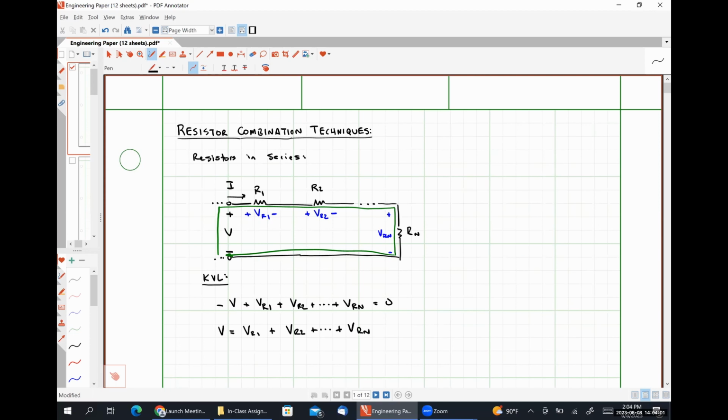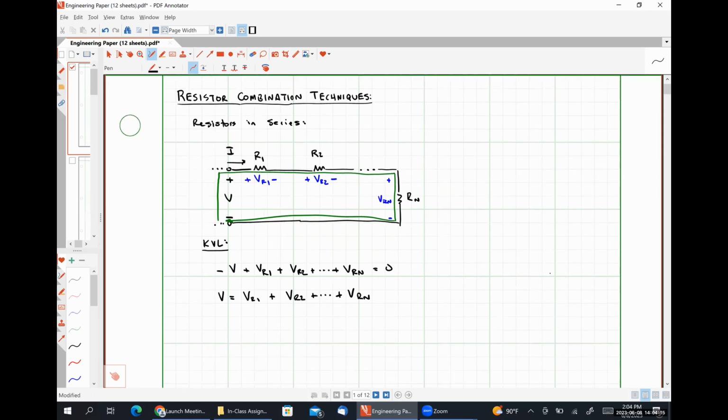The reason why I chose the polarity for all of those resistor voltage drops was so that the current I is flowing into the positive polarity terminal of every one of those voltages, which allows me to express all of those resistor voltage drops in terms of that current I. So the voltage drop over resistor R1 is simply I times R1.